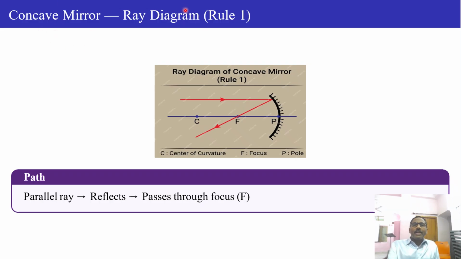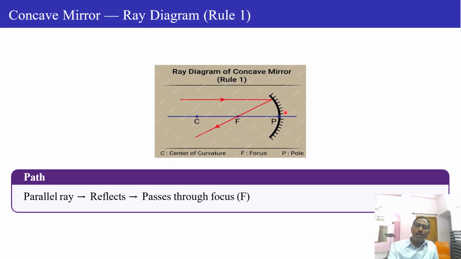Concave mirror ray diagram, rule 1. If we consider a ray parallel to the principal axis, how does it reflect? Here, this is the principal axis. This is the concave mirror, and at the center you have the pole.